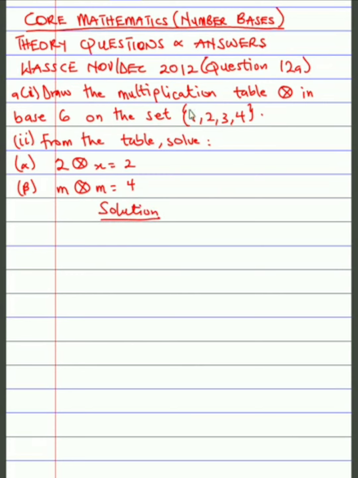Now understand that we've been given a set, and the set we are using is 1, 2, 3, 4. So that means the table that we are going to form should have 1, 2, 3, 4 as part of it. So 1, 2, 3, 4 will form the column section and then the row section of the table. So we are talking about multiplication, so we have to bring our sign. Then we have 1, 2, 3, 4, then 1, 2, 3, then 4.